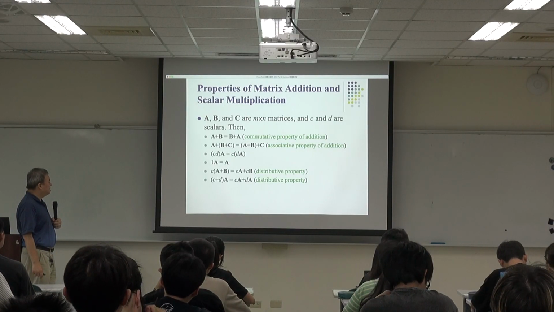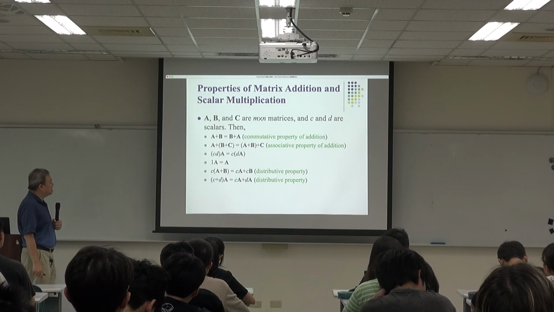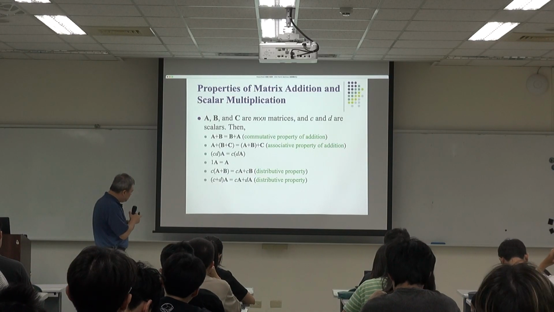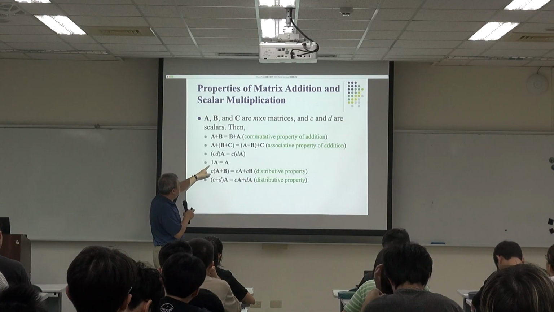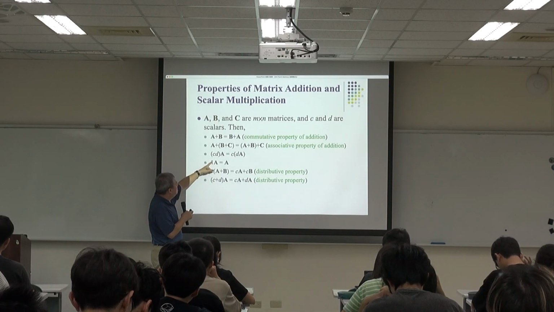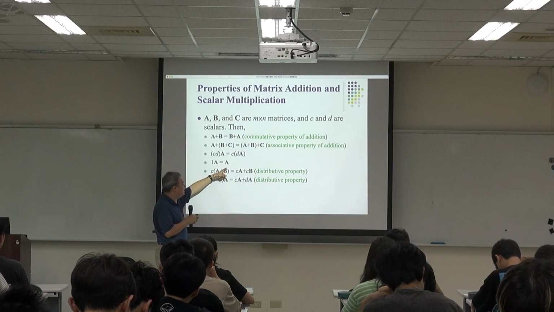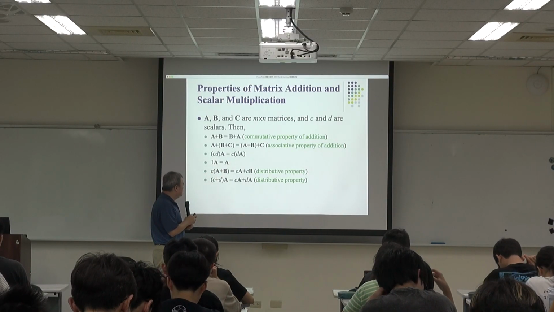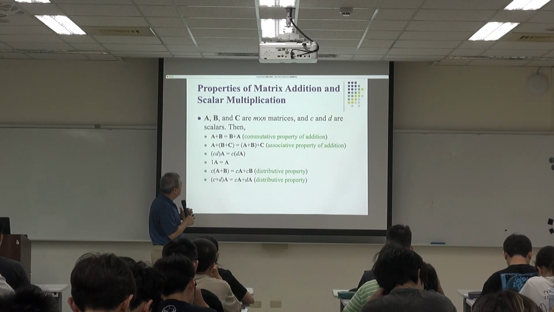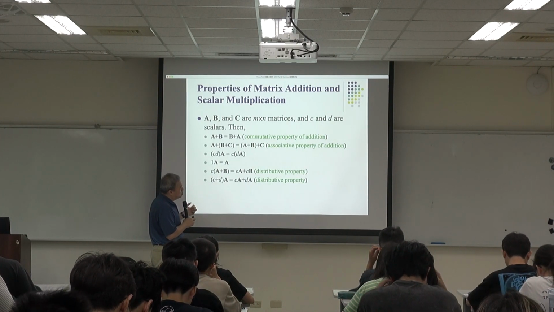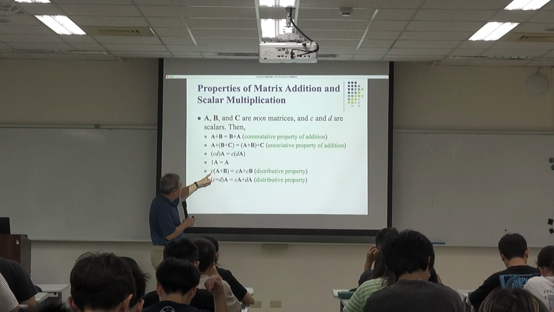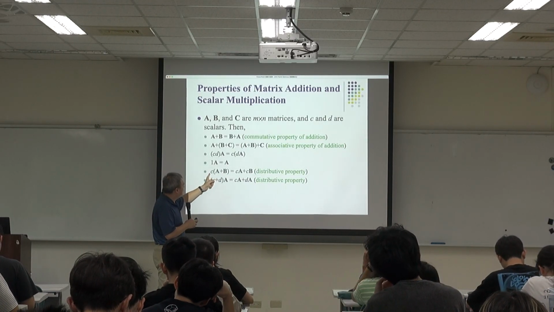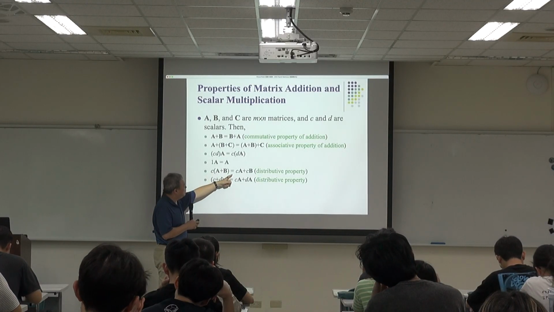In particular, for scalar multiplication, one is the identity. If you multiply 1 by A, you get A. You don't change the matrix. And then we have the distributive law. A scalar C times (A plus B), you can distribute this C into CA plus CB.